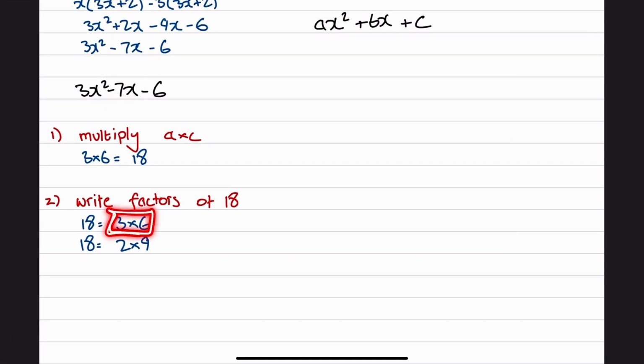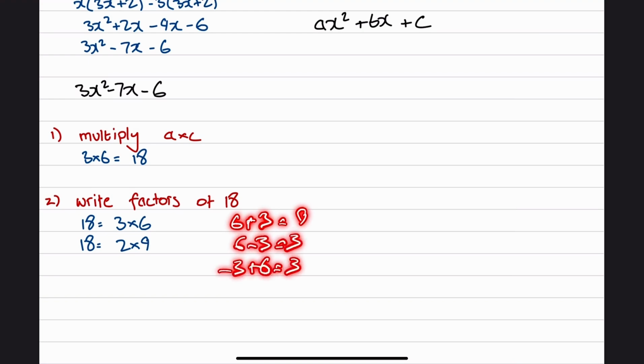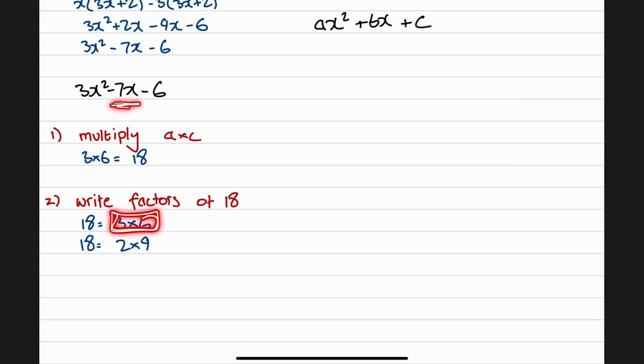Now 3 and 6 do not add or subtract in any way to give us 7. 6 plus 3 is 9. 6 minus 3 is 3. Minus 3 plus 6 is also 3. 3 minus 6 is minus 3. In no possible permutation can 3 and 6 give us minus 7.